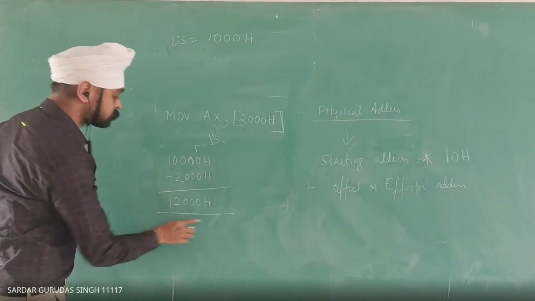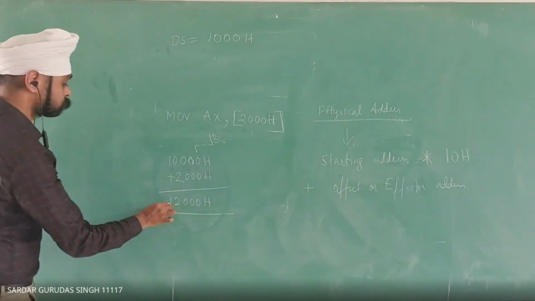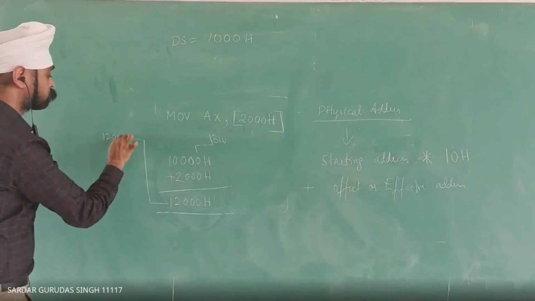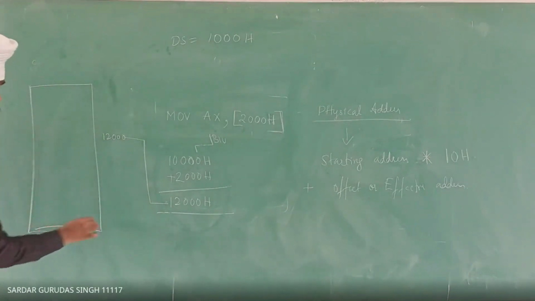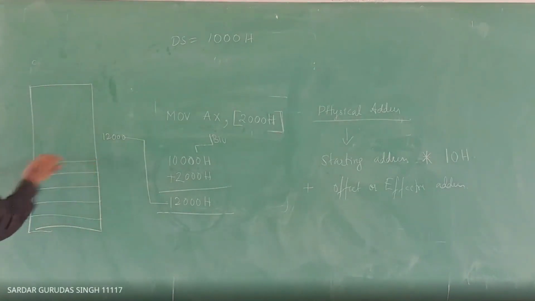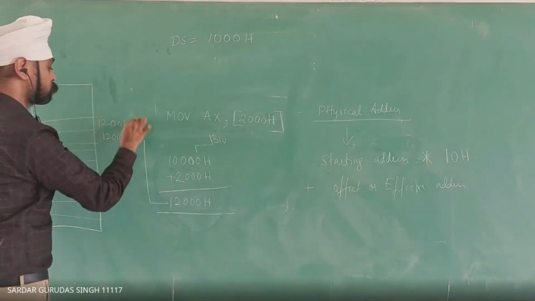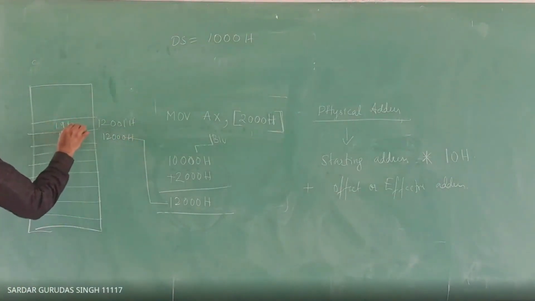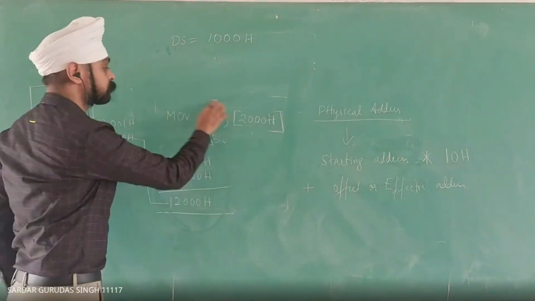Now, once it gets the address, 12,000, immediately the CPU will go to the 12,000 address, and whatever is stored in 12,000 and 12,001 will be moved into the AX register.